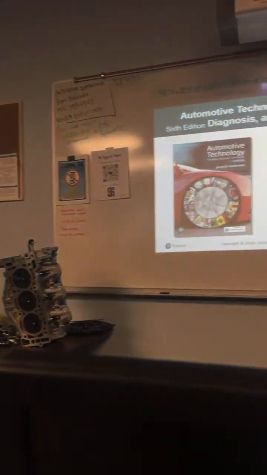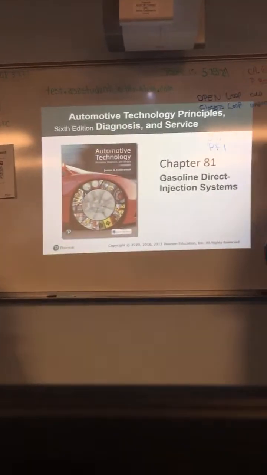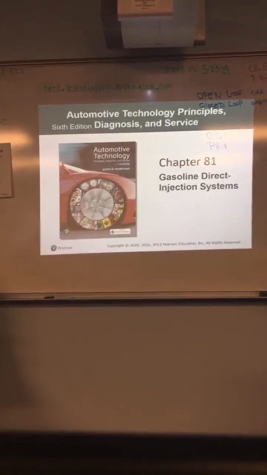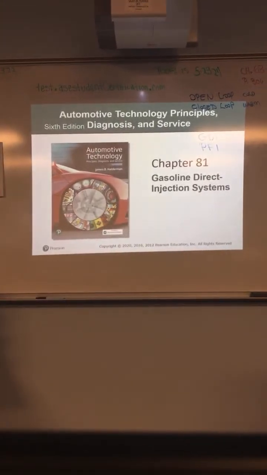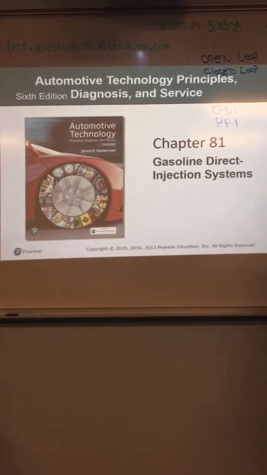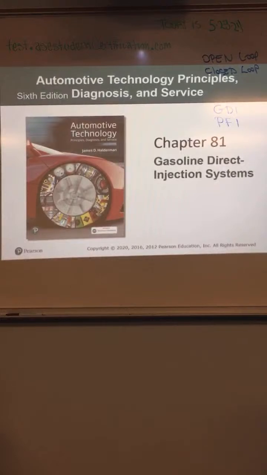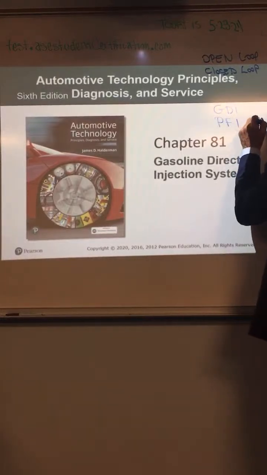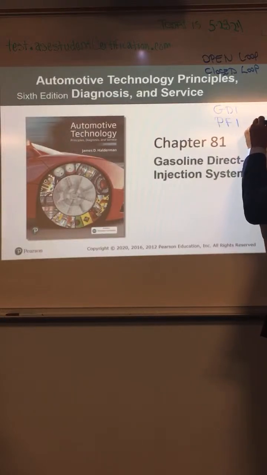What other differences are there? The gasoline direct injection system varies the fuel pressure to achieve greater fuel delivery using a very short pulse time, which is usually less than 1 millisecond. Okay?